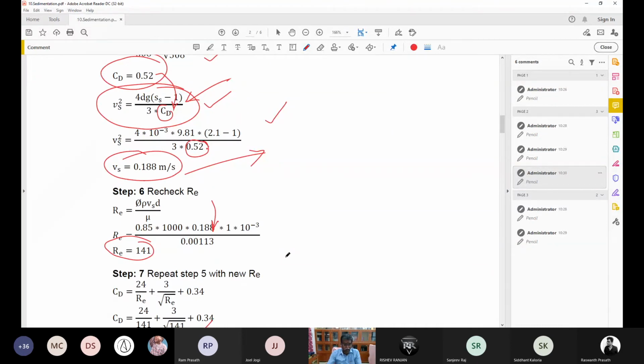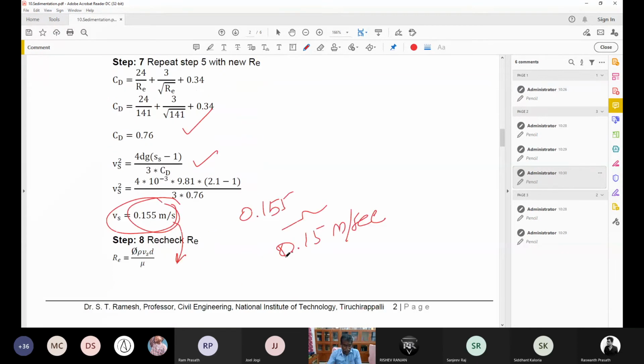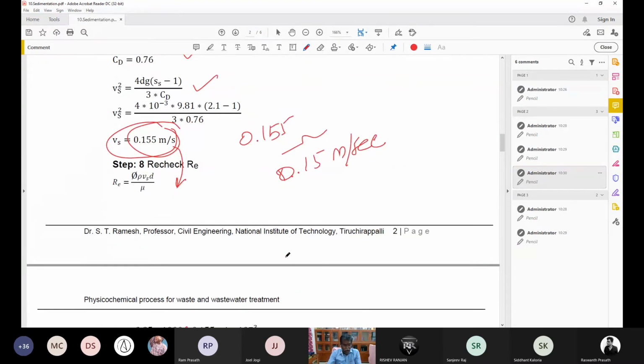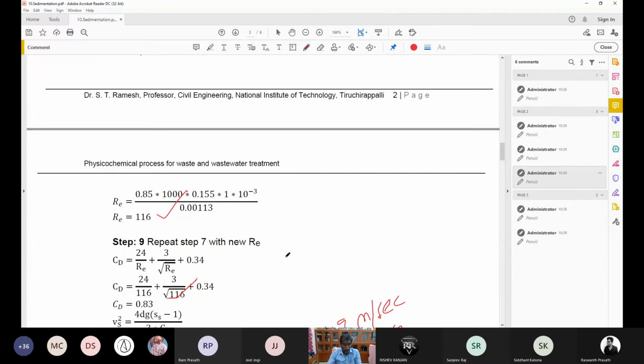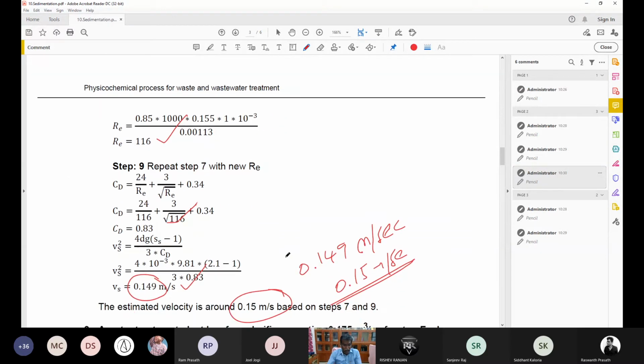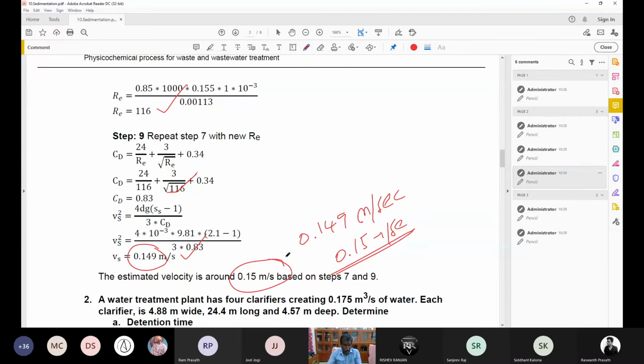The Reynolds number is again greater than 2, so go for a CD correction and check the Vs value. With the Vs value, again go for the Reynolds number and check your CD value, and with the CD value calculate the Vs value. This last Vs value and the previous Vs value you check, and if they are similar you can stop the iterations.